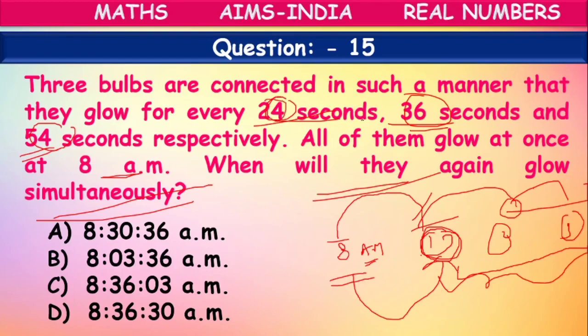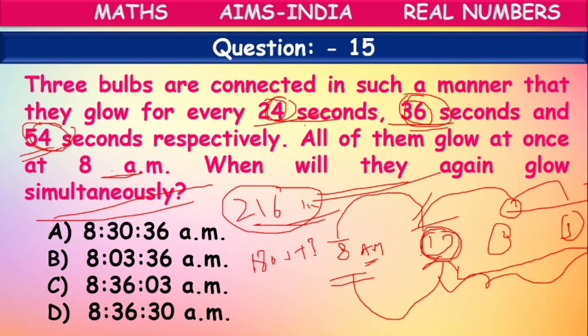LCM of 3 numbers, 24, 36, 54. So if you find the LCM, it will be 216 seconds. Because the given values are in seconds, that's why 216 seconds. Means 1 minute has 60 seconds, so what we can write? 180 seconds plus 36 seconds, or 3 minutes plus 36 seconds.